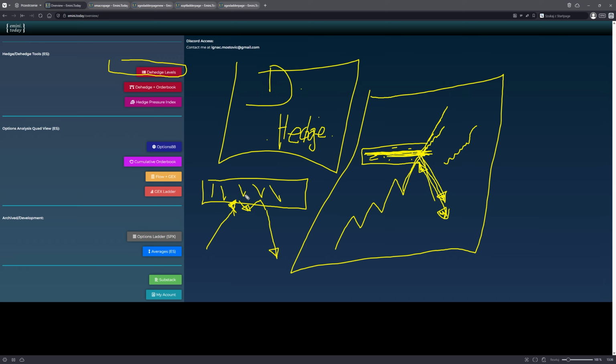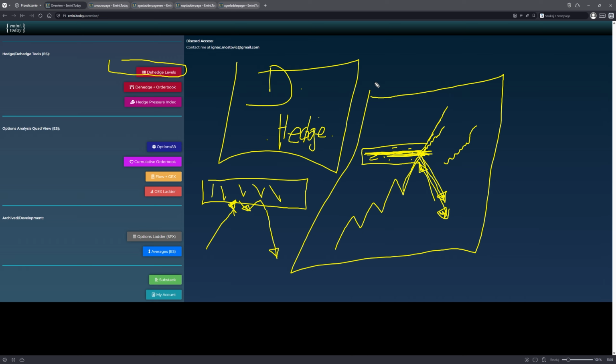Before the RTH, the regular trading hour session, begins, one of the largest, or many times the largest flow that there can be, are actually the dealers.